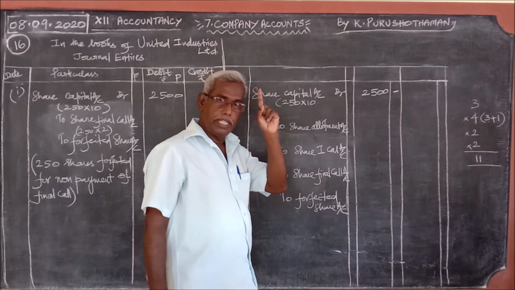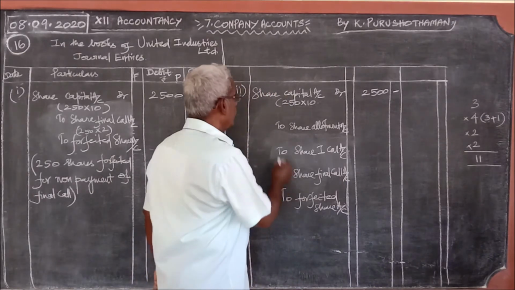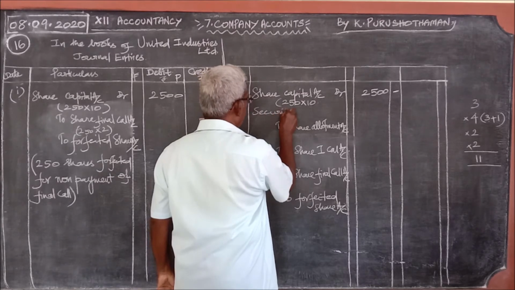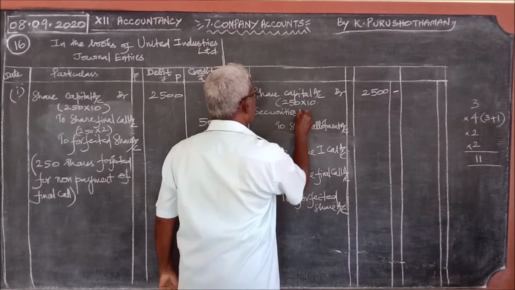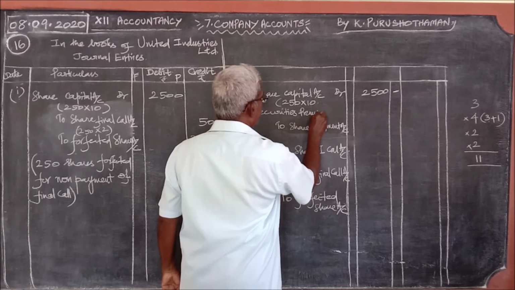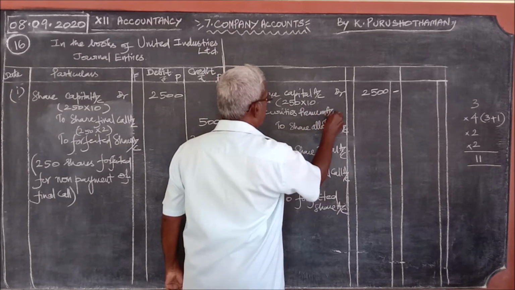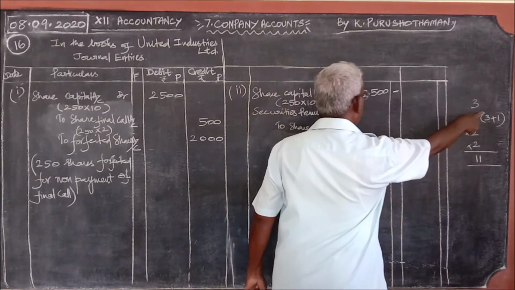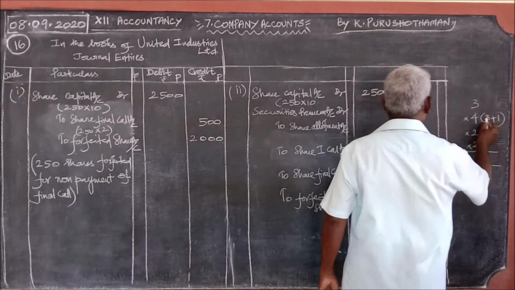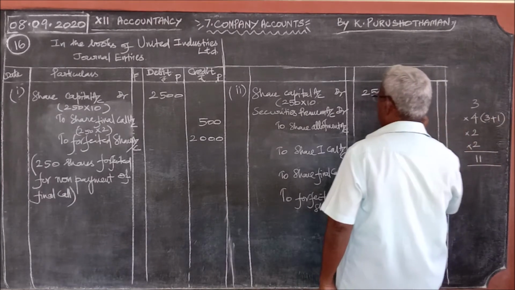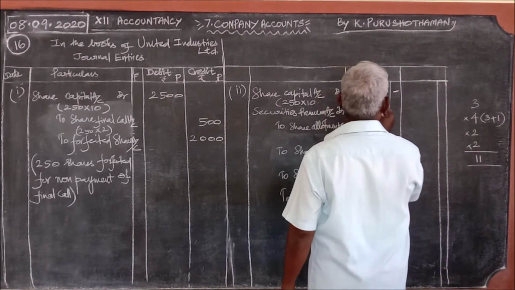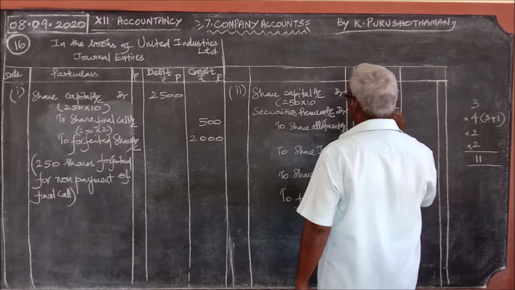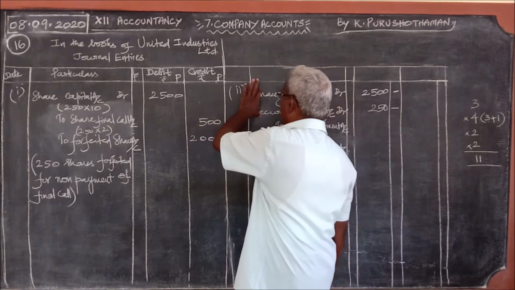What is the special care you should take? You should write here share premium account or securities premium account. How much? 1 rupee for premium, 3 rupees for allotment, 1 rupee for premium. Therefore, 250 into 1, 250 rupees you should write on the debit along with the capital.